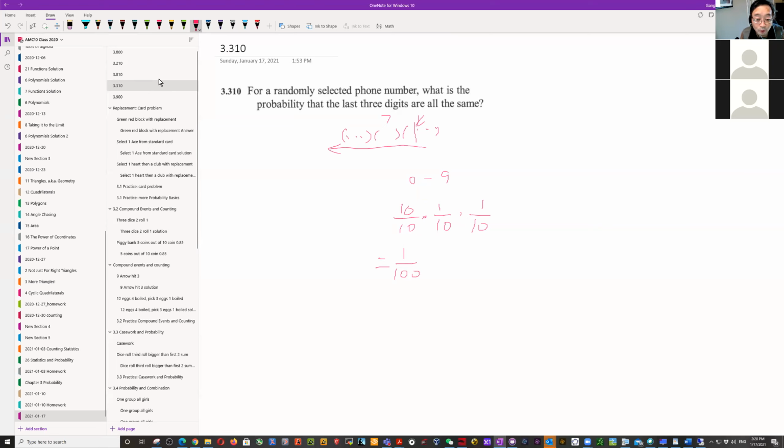So if you use the probability way, this is the probability, using the probability sense as the event. Then another way is that if you count the whole event, everything, the phone number as a whole set is a 10-tuple basically.